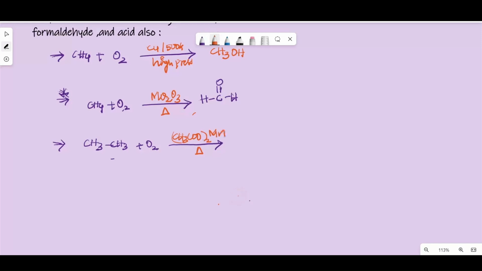Then we will get an acid as a product, CH3COOH.